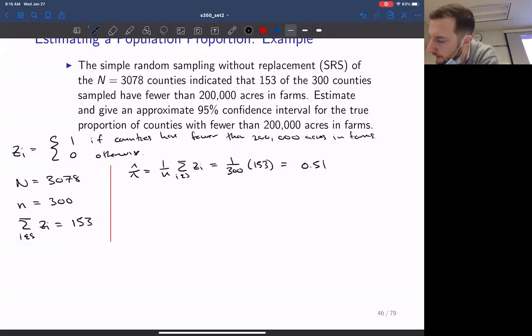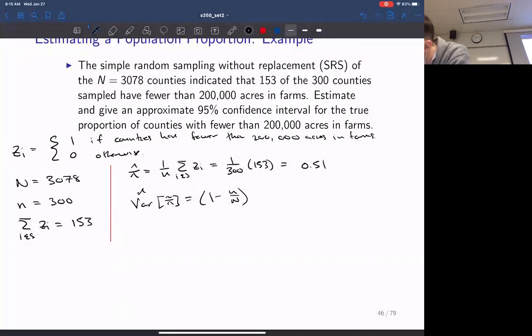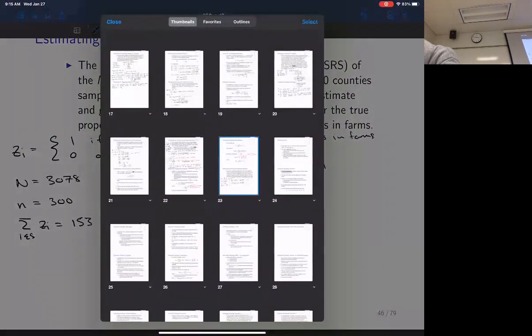All right, now we want to bound our estimate. So the variance of pi hat is equal to 1 minus little n over capital N times sigma over little n, I believe. Make sure I have that correct.